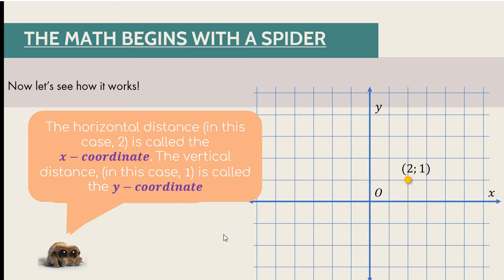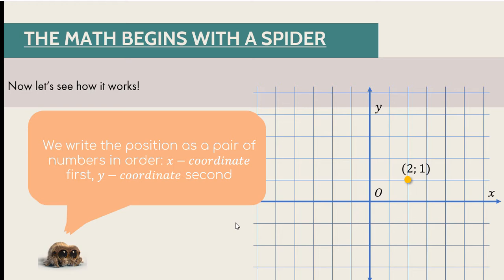The vertical distance, in this case 1, is called the y-coordinate. Can you see that? The x-coordinate is the number of units that move to the right horizontally, and the y-coordinate is the number of units that move upwards vertically. When we move down, we can consider that we move upwards by negative units. Okay, that's how the coordinate works.